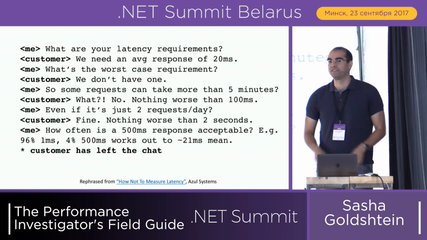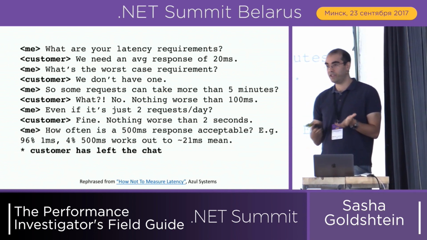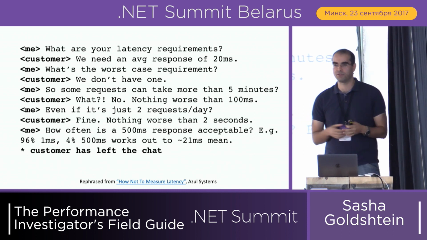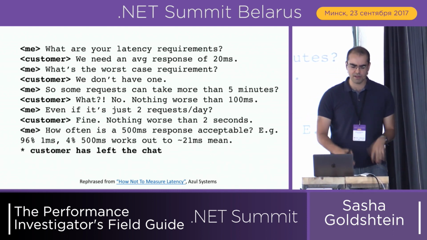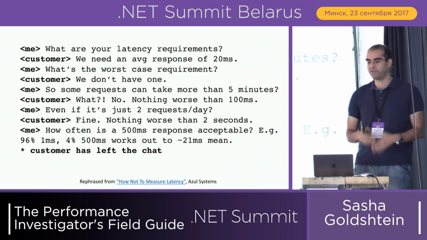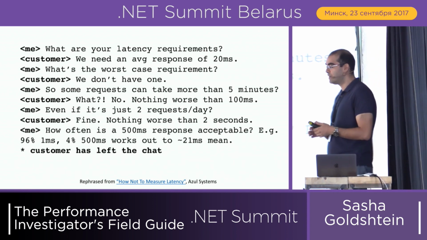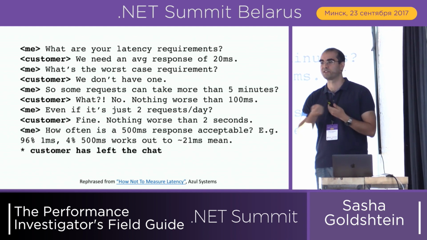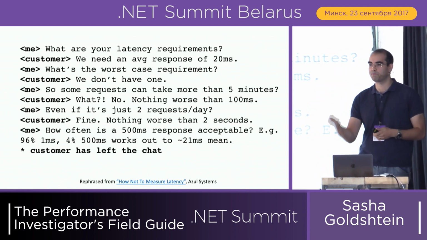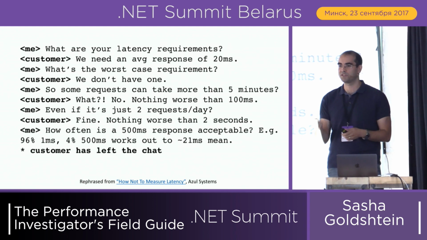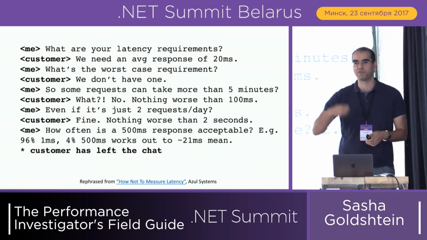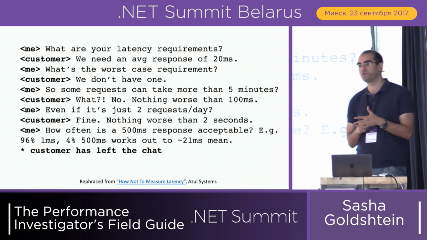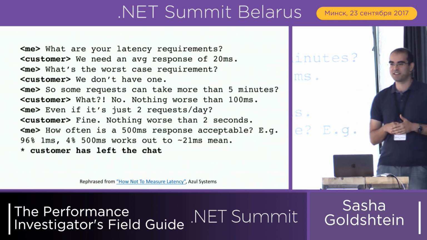But it's important to have an idea of really not just the average of what you're trying to monitor and measure. It's good to have an idea of what the worst case is, how many customers you're willing to subject to the worst case experience. So is it okay that 1% of the customers are having that worst case experience? Is it okay for 5% of the customers to have that worst case experience? It really does matter.